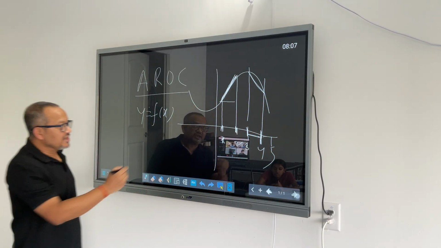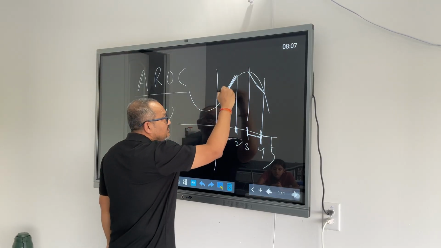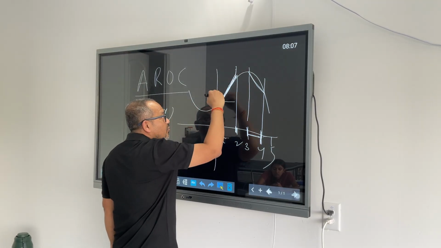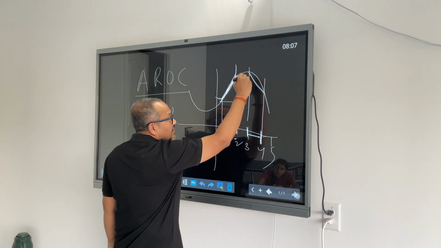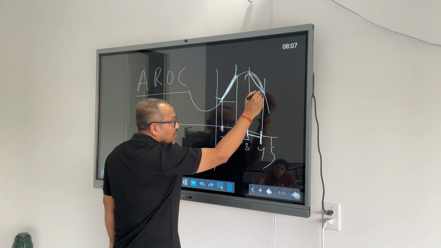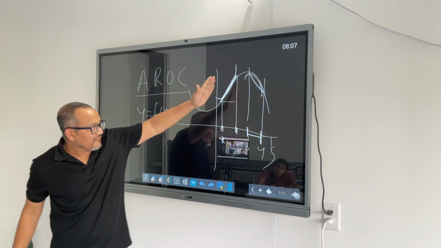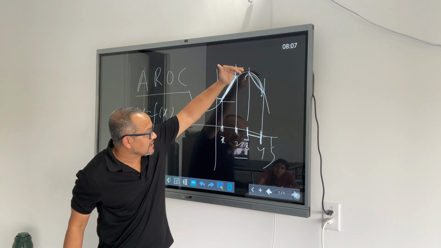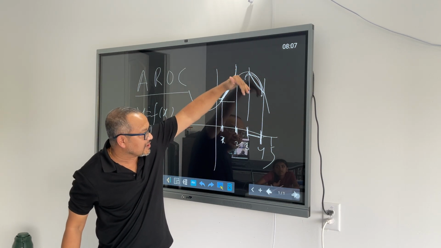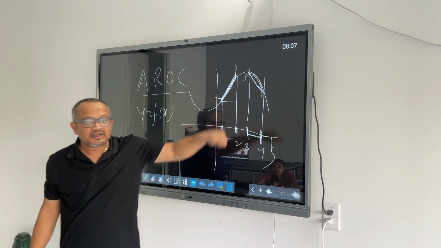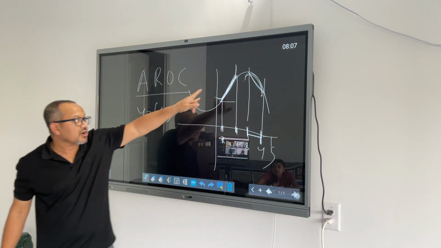So if you look at the curve's behavior, this is upward concave. Here it is concave, but downward. So when for every increase of x in a given range, the function's value is decreasing, this is called negative concave, and this is called positive concave.